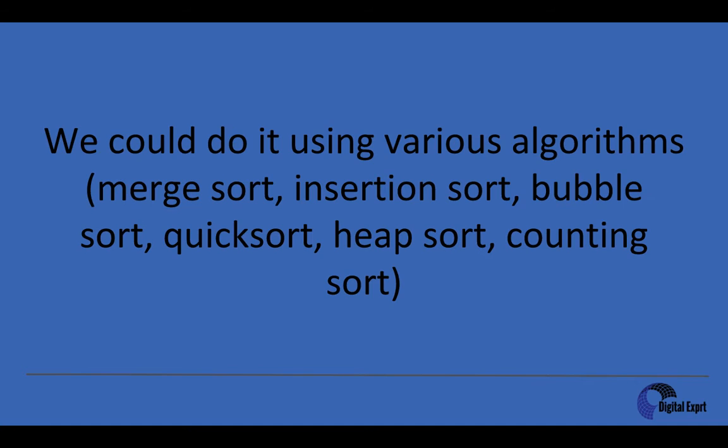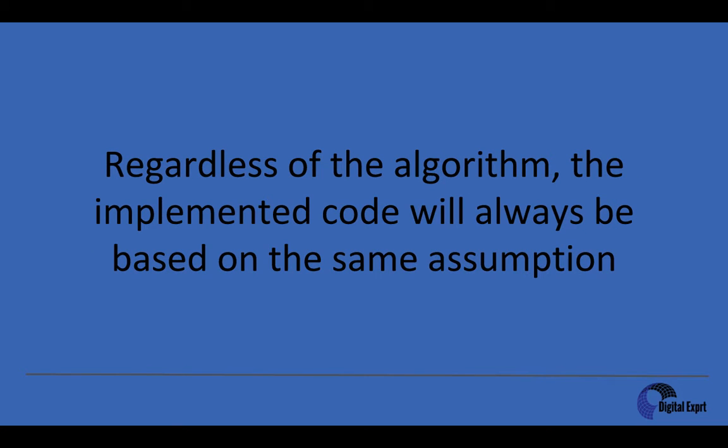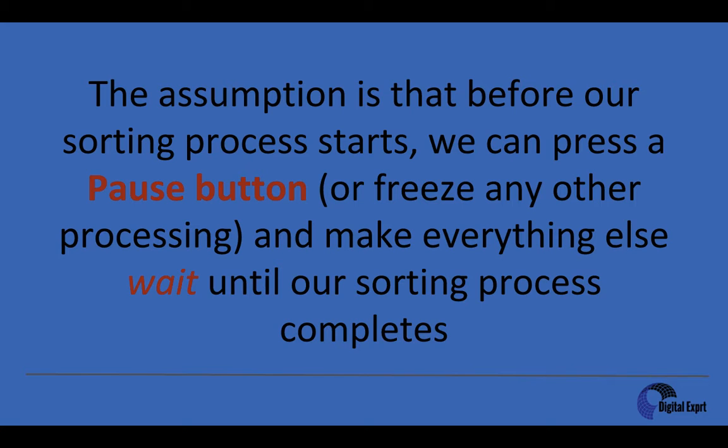There's a choice of different merge sorts, insertion sort, bubble sort, quicksort, heap sort, counting sort, etc. Regardless of the algorithm we would be using, the code that we end up implementing will always be based on the same assumption. And this assumption is basically that we are capable of pressing a pause button before we start sorting. So we get this collection of items, we pause everything, freeze any other processing, and then everything else waits until our program is done with sorting.